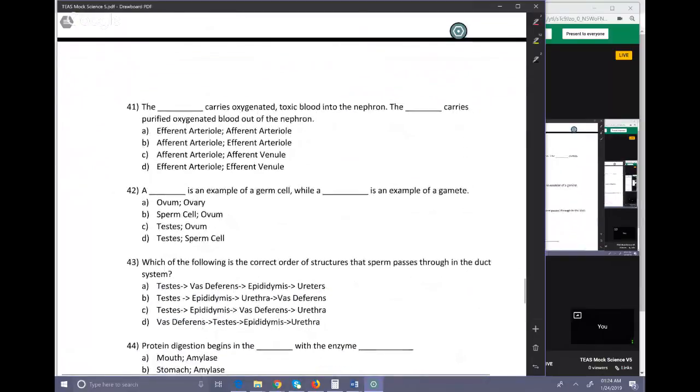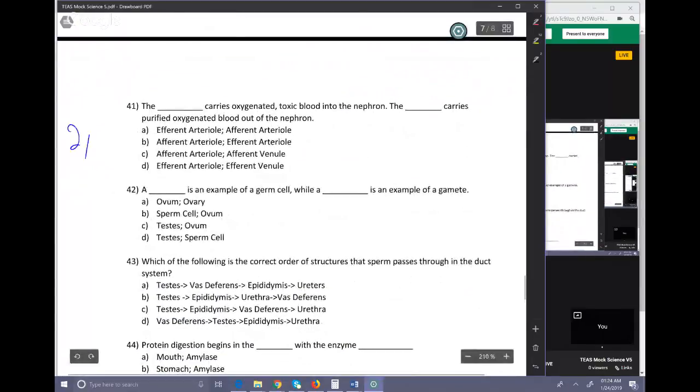41 is a very important question to make sure you have understanding of all of this. So again, here's these words, afferent, efferent. And then we have the words arterial and venule. So this is asking the blank carries oxygenated toxic blood into the nephron. And then the blank carries purified oxygenated blood out of the nephron.